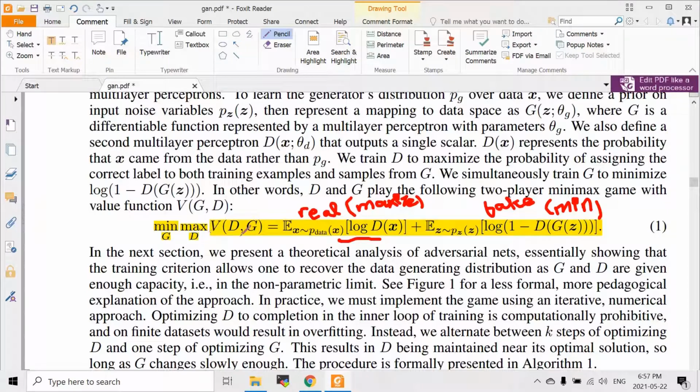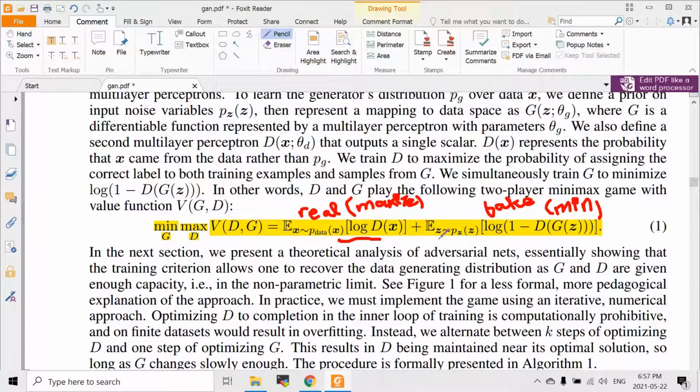D stands for discriminator, G stands for generator, and the purpose of the discriminator is to maximize this value. This term is for the real data. When it's real data, the discriminator wants to maximize the expectation, and when it's fake data, the discriminator wants to minimize the expectation.